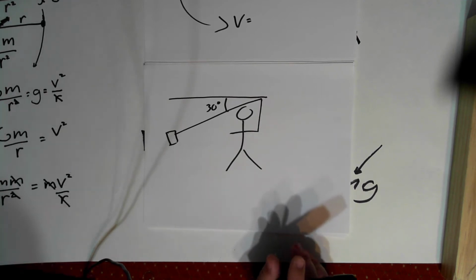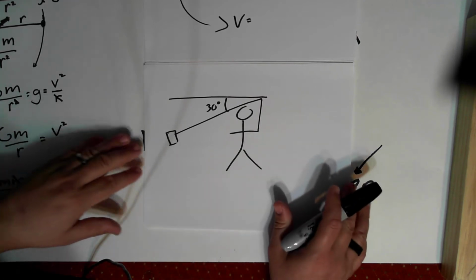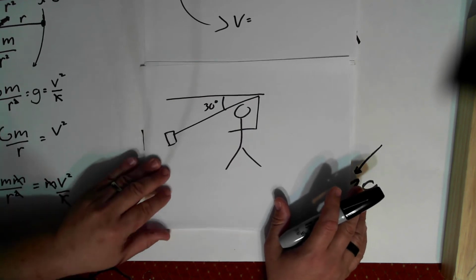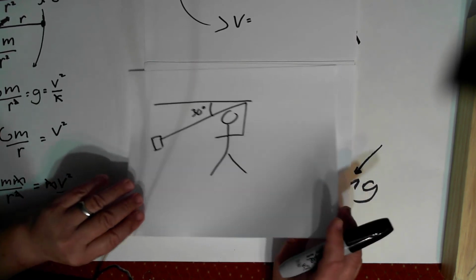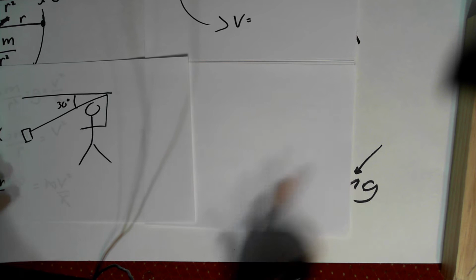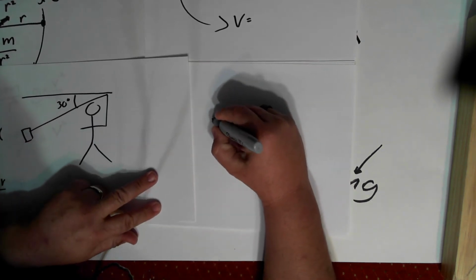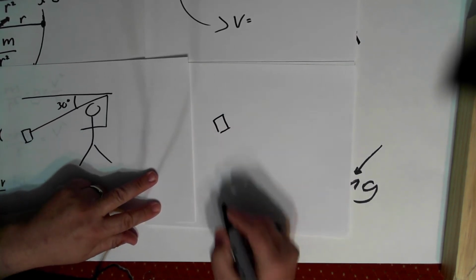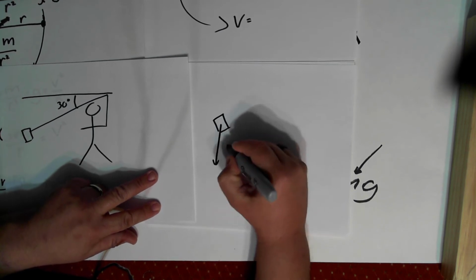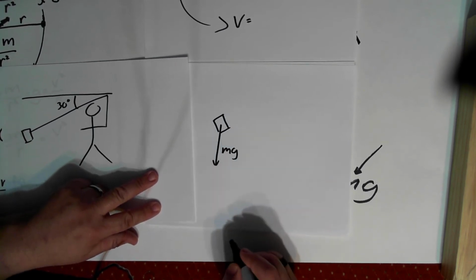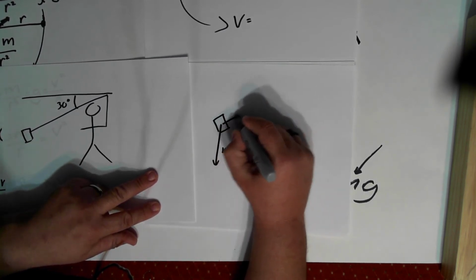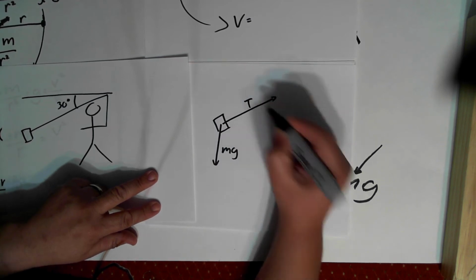So what we're going to do first of all is a free body diagram to look at everything in this problem. Looking at this, we take the mass here, which is the bucket, and we have a downward force equal to mg, the weight of it, and a tension in this direction.